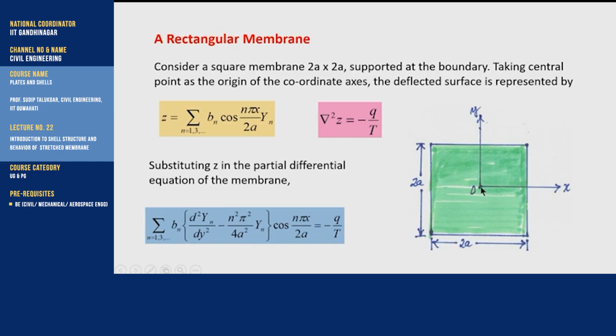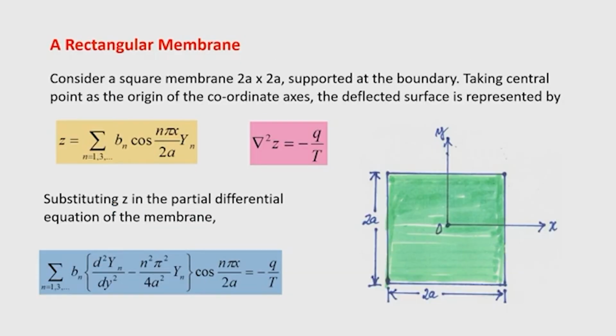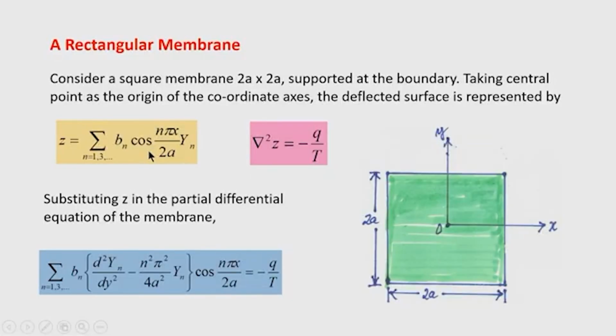If I take the center point at the origin of the coordinate axes, the deflected surface can be represented by a series. We take the help of a series solution, where B n is a coefficient and we take this function of x as cos n pi x by 2a and a function of y, that is y n.